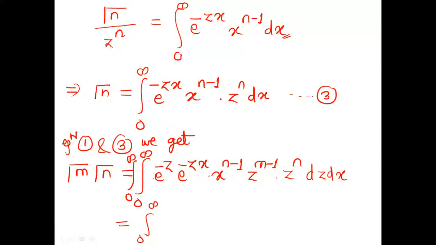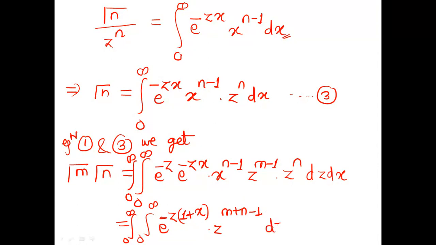Just remember one thing: when we apply the law of indices to the exponential term and the limit is infinity, you have to take e raised to power minus of the variable term outside, and all of 1 plus x. Then, the law of indices to z gives z raised to power m plus n minus 1.